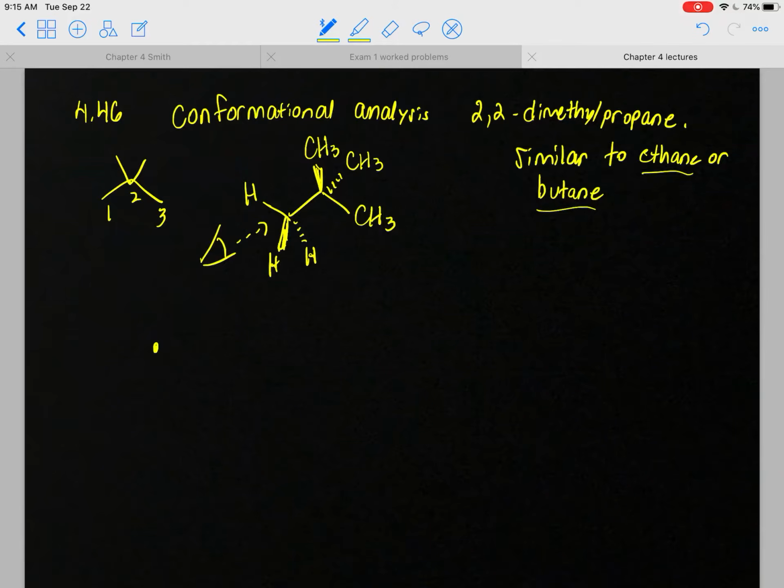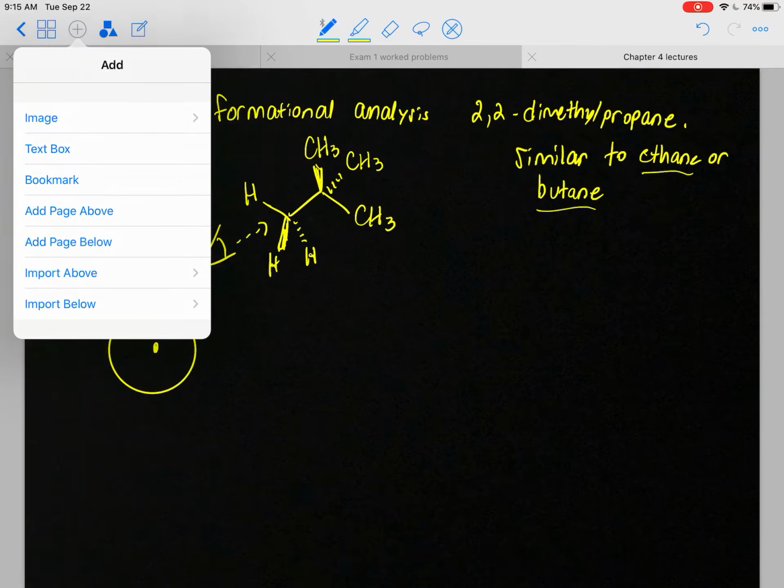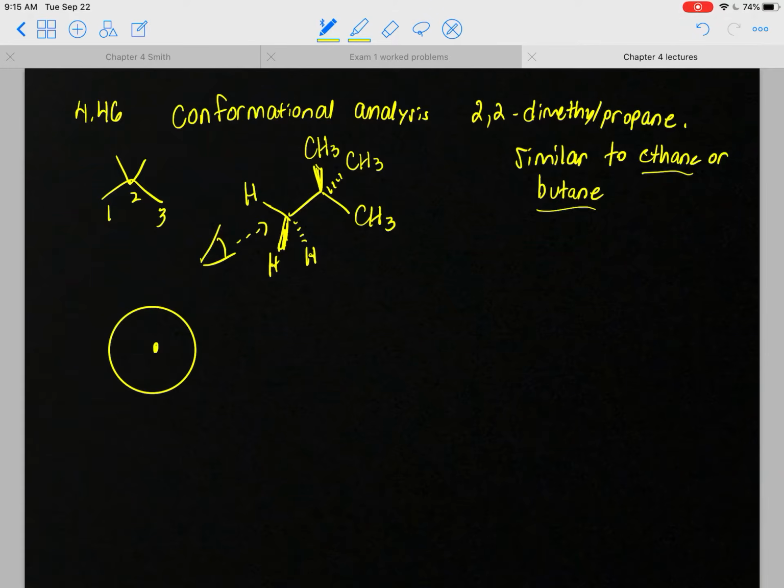And if I look down this bond here and make a Newman projection of this, I will get in the front carbon, hydrogen up, back carbon, 3 methyls.